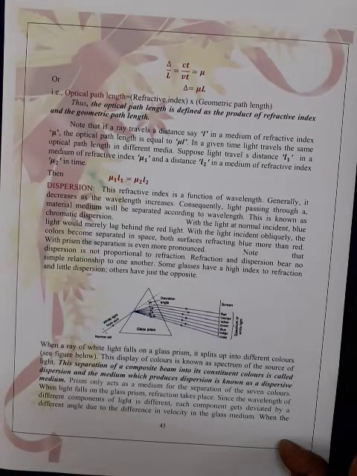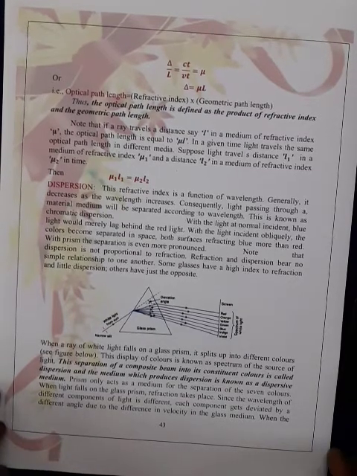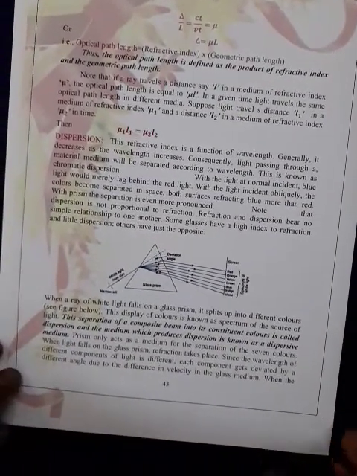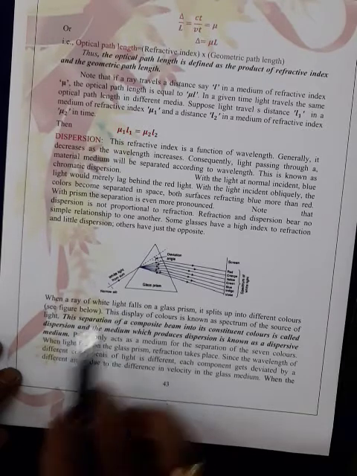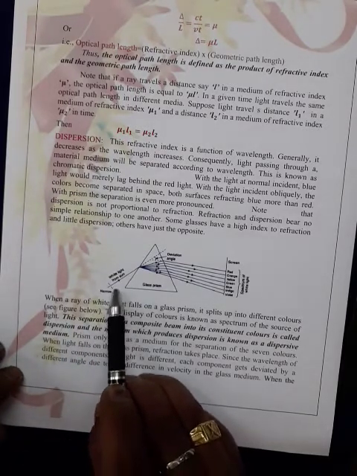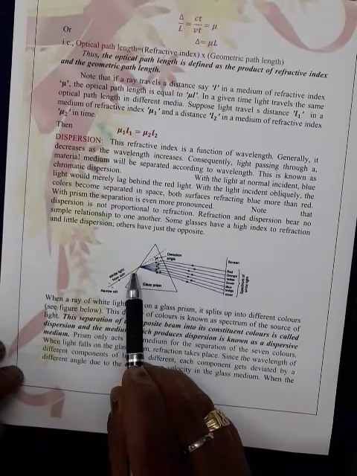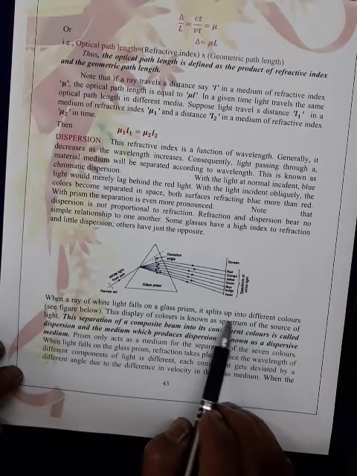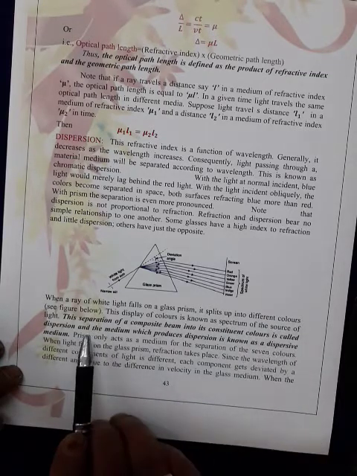When a ray of light falls on a glass prism, it is split into its different colors. Here the light is incident obliquely, then it is split into different colors.